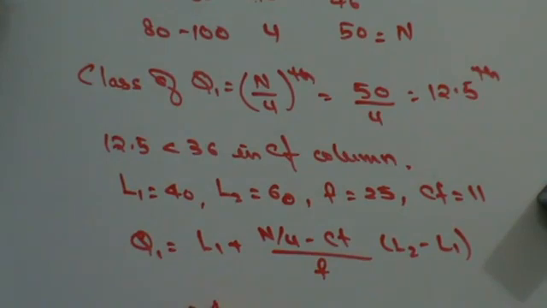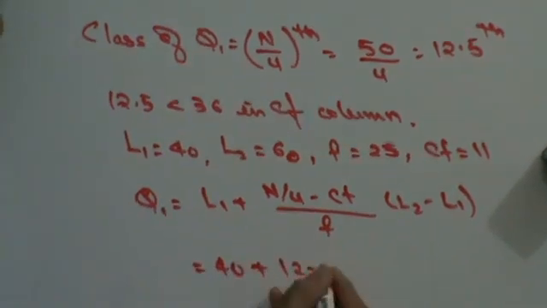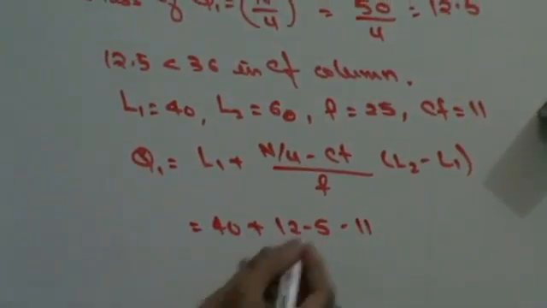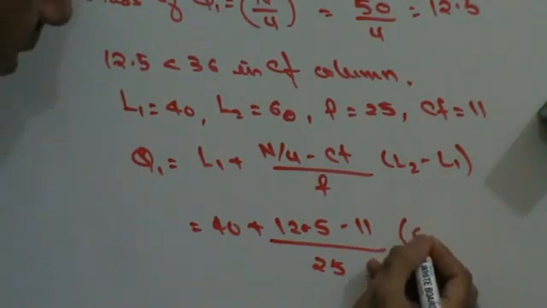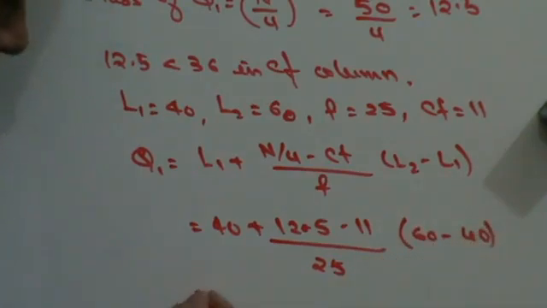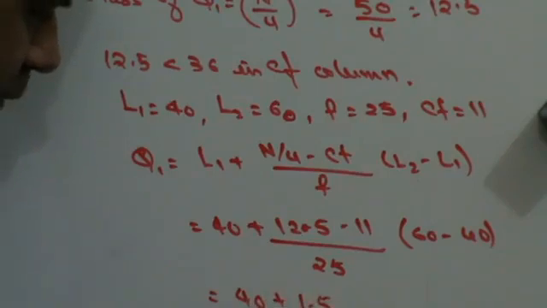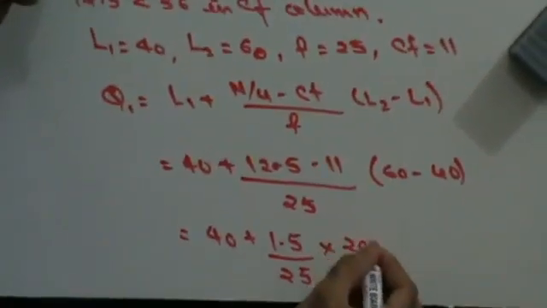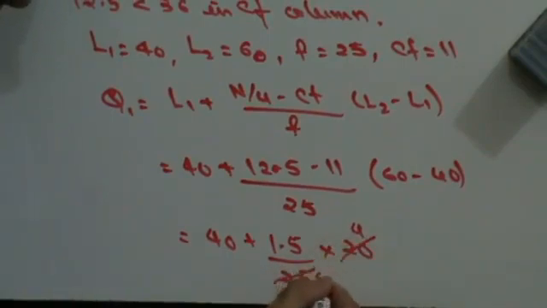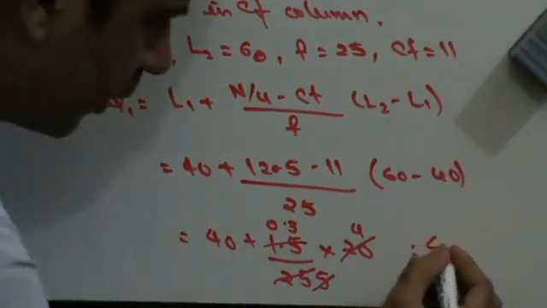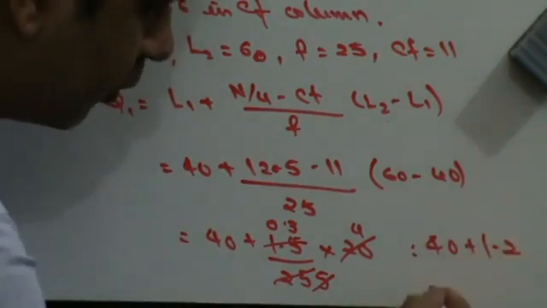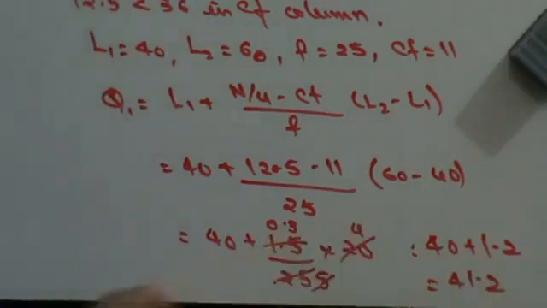So L1 is 40 plus n by 4, 12.5 minus 11 upon F, 25 into L2 minus L1, that's 60 minus 40. So this is 40 plus 1.5 upon 25 into 20, that's 0.3 into 20, 40 plus 1.2, that's 41.2, right?